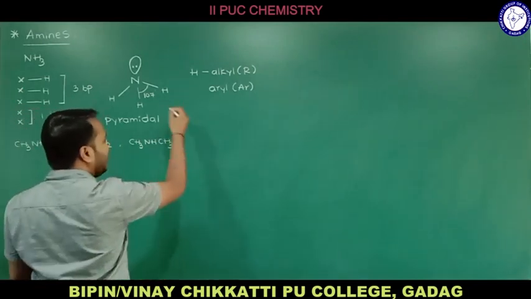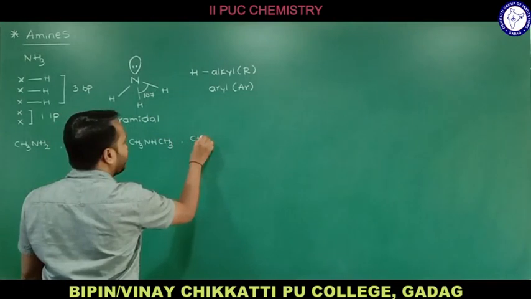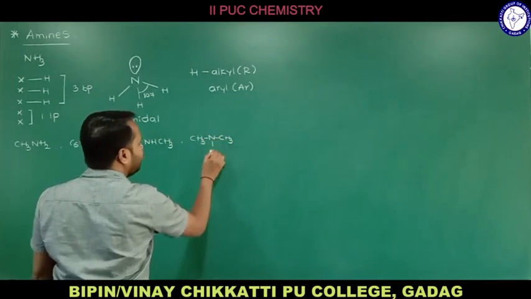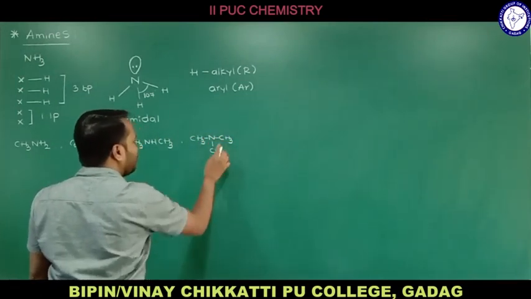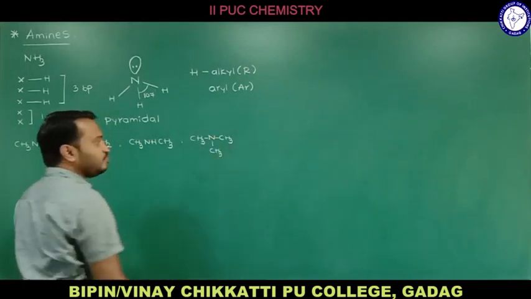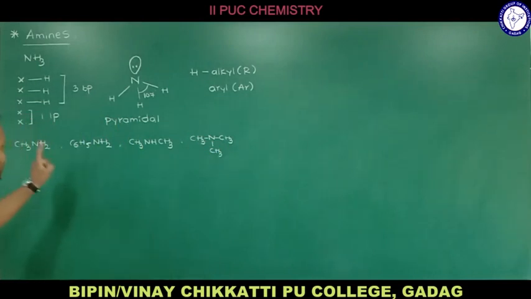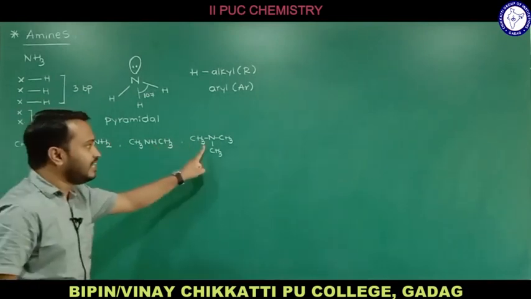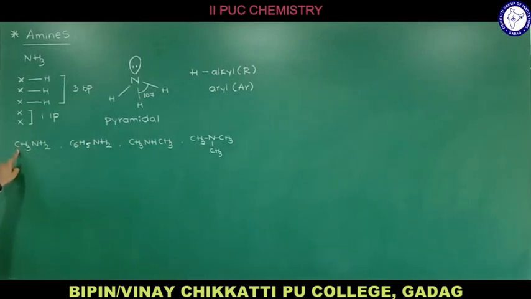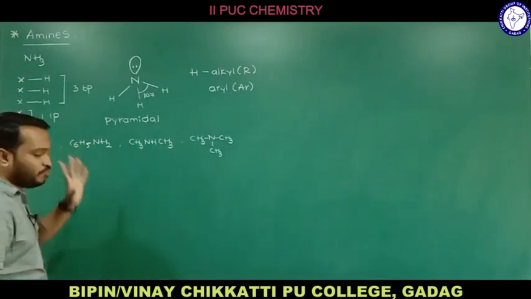And if all 3 hydrogens are replaced, this is the example I can give: CH3, N, CH3, with the bonds, and here one more CH3. In this example, all 3 hydrogens of ammonia are replaced by 3 methyl groups. In this case, 1 hydrogen is replaced, here 2 hydrogens are replaced, and here 3 hydrogens are replaced. This is how the alkyl group replaces hydrogen, and here I have mentioned the aryl group.